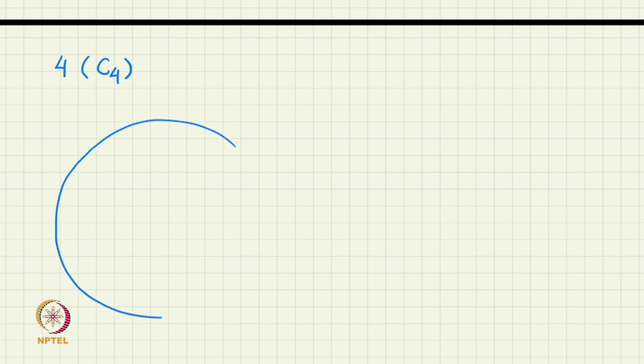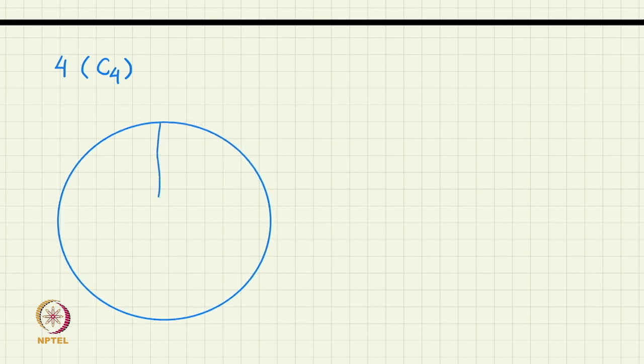So, now you have got the idea of how we are developing this, and I think you can go ahead and develop others also, but for completeness let me do it for 4, which is C4 in Schoenflies notation. So, in the stereogram, the reference lines are now needed at 90 degrees.